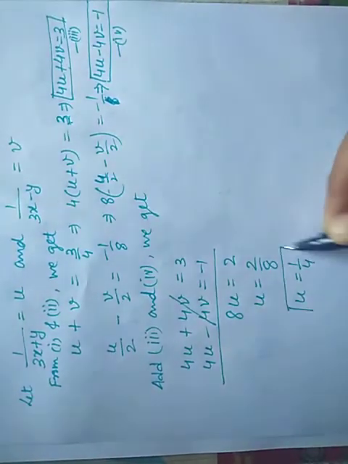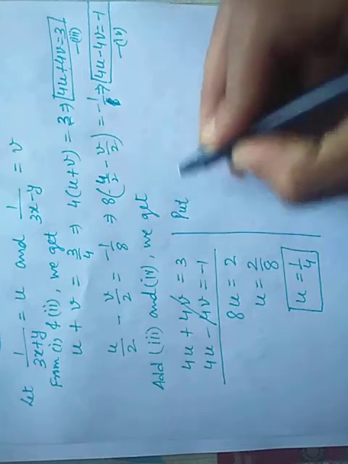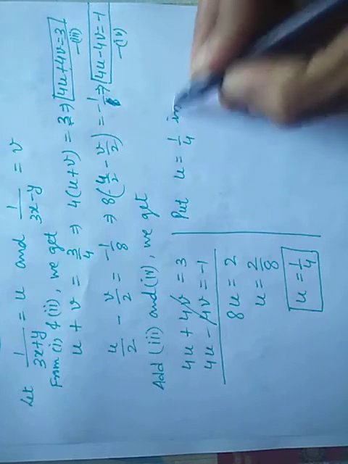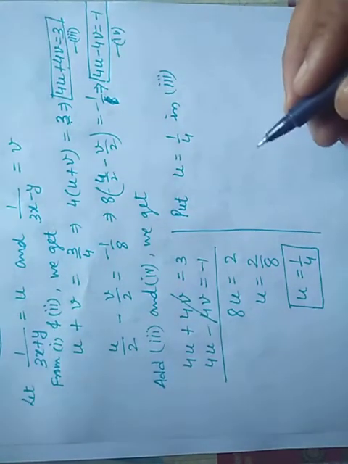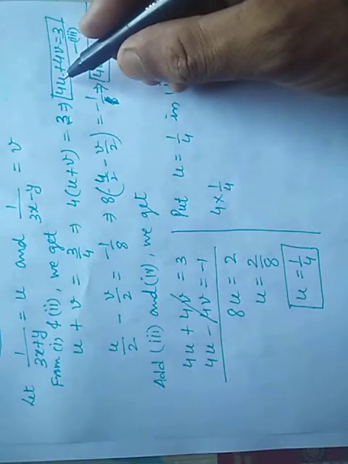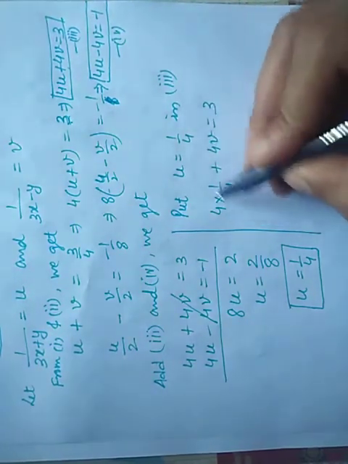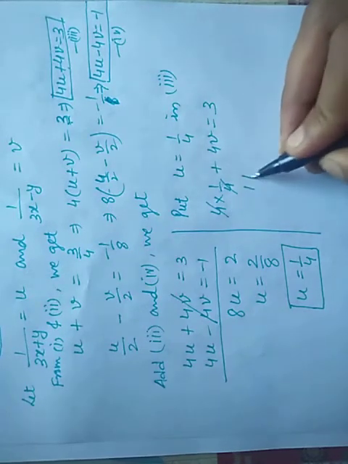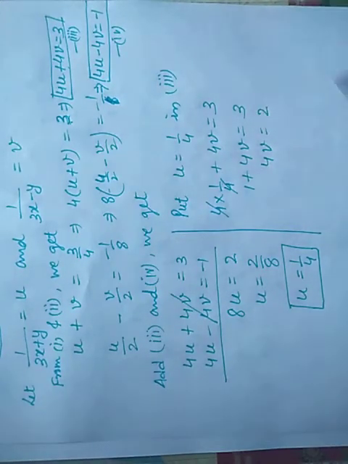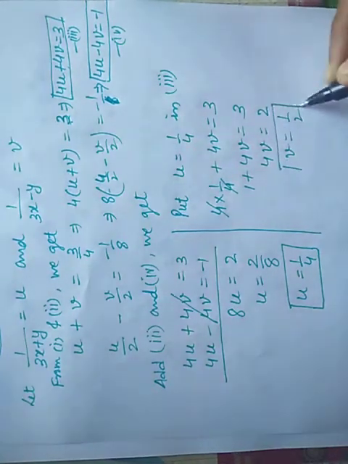upon 4. Okay, and putting the value of u is equal to 1 upon 4 in equation third, we will get here 4 into 1 by 4, because the value of u we have to put here, plus 4v is equal to 3, so it will cancel 4 by 4 and it will be 1 plus 4v is equal to 3. 4v will be equal to 3 minus 1, that is 2, and finally the value of v will be 2 upon 4, which will be 1 by 2.